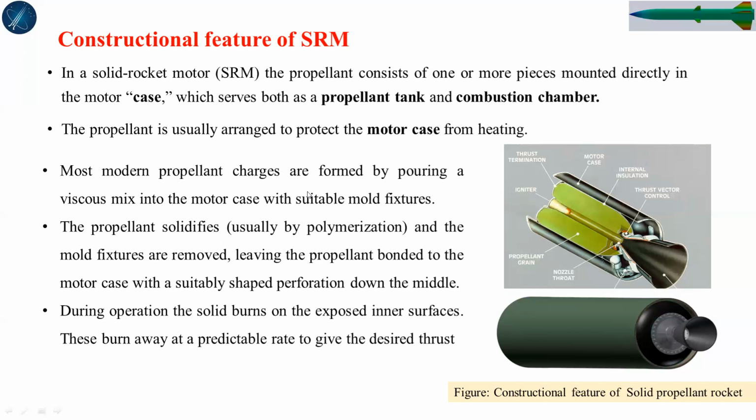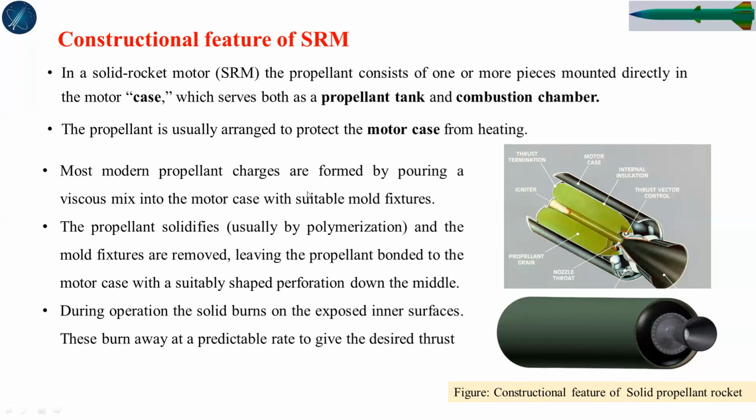You are familiar with the meaning of polymerization from your chemistry. And the mold fixtures are removed, leaving the propellant bonded into the motor case with suitably shaped perforations. Sometimes we create a star shape of perforation. We can create any kind of perforations by shaping them in our molds.